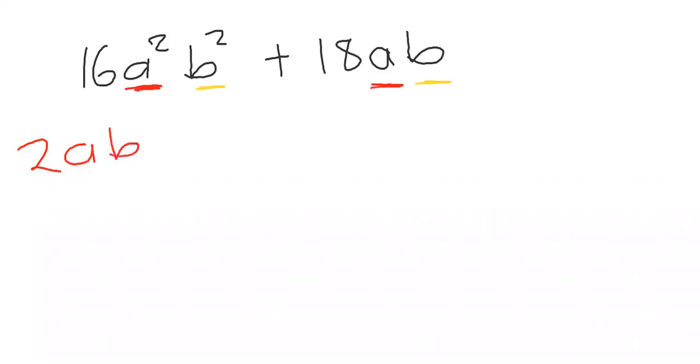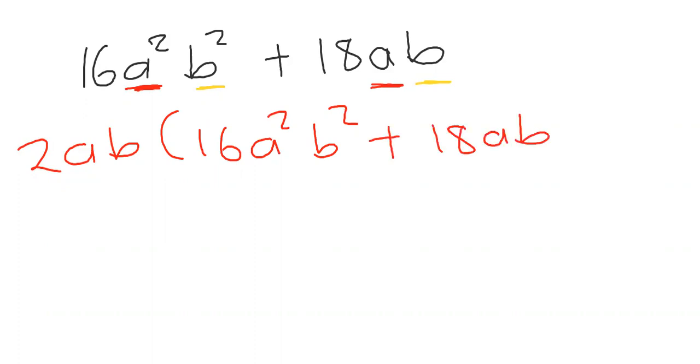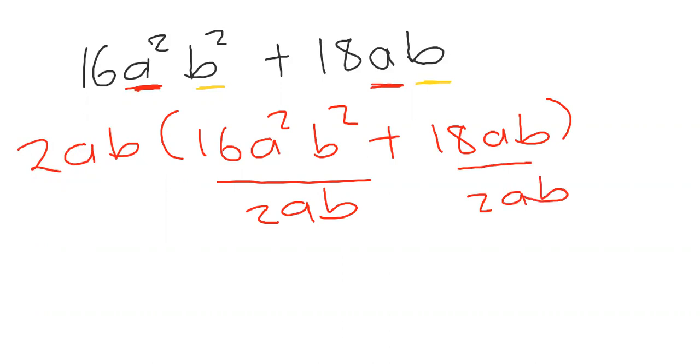Then from there, I do the same thing. I take my entire expression, 16a squared b squared plus 18ab, and I divide it by everything that is outside the brackets, which is 2ab. Then I simplify everything inside the brackets.